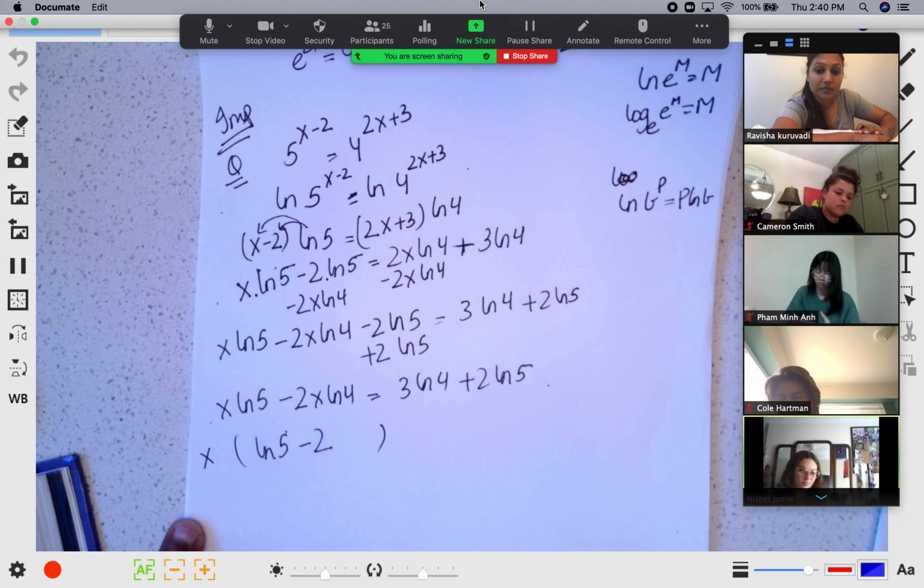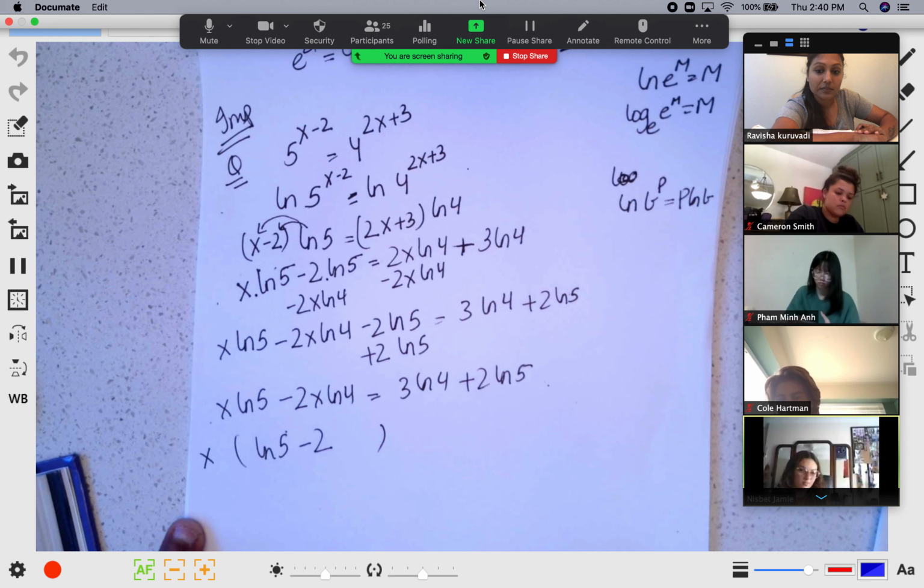Correct. Yes. And then what you're going to do next is greatest common factors. So I take out x for the common x's. So you take out the x, and then in the parentheses will be ln 7 minus 2 ln 3.